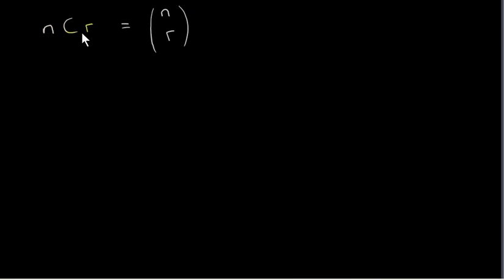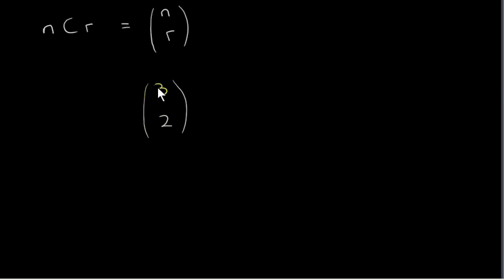So this is just some notation. You will probably see this notation on your calculator, but this is the notation that you normally see in books, and this is the notation that we will be using quite a lot. So in our example, n was 3 and r was 2. So we would read this as 3C2 or 3 choose 2.